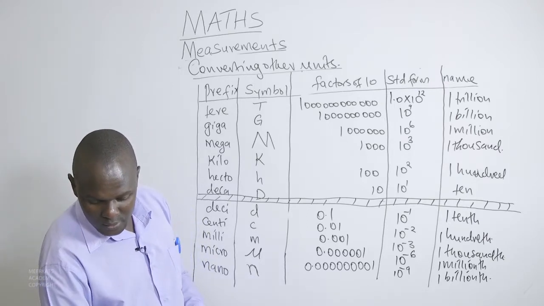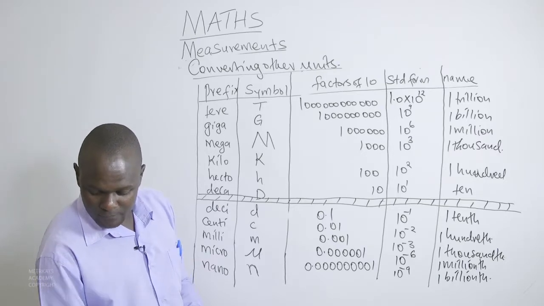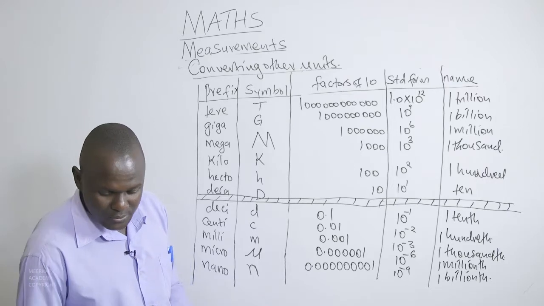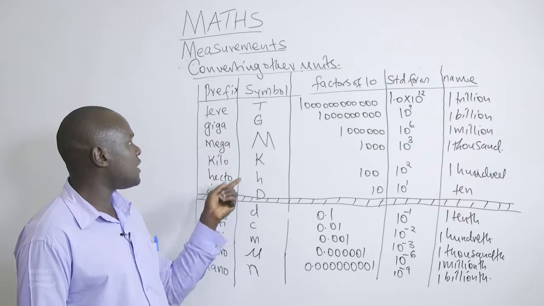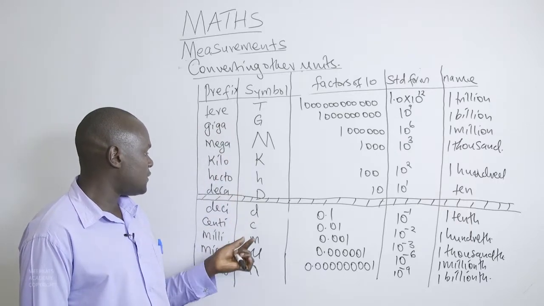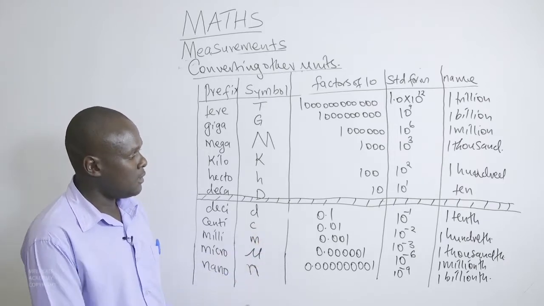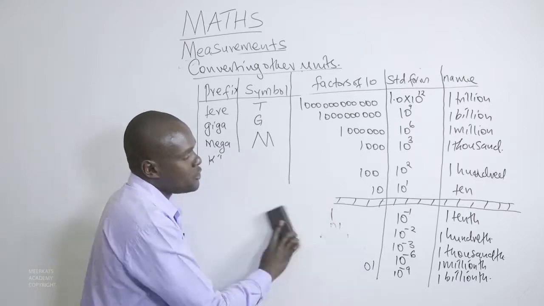So before we look at converting to other units of length, I wanted us to be conversant with this so that we can apply the same. If we meet these terms, tera, giga, mega, kilo, hecto, deca or deci, centi, milli, micro or nano, we can be able to handle such values accordingly.